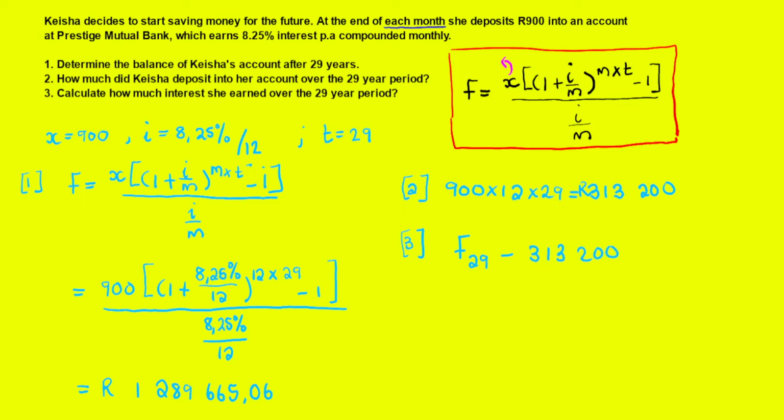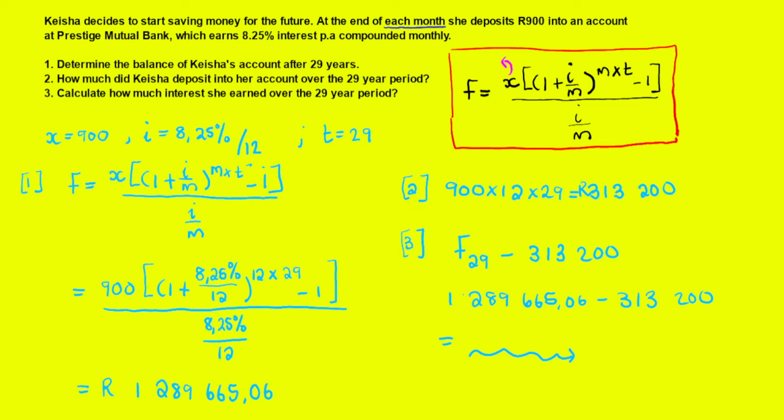So how much money did she actually earn? Well, you'll say 1,289,665 rand, 06 minus 313,200 rand. That would give you the answer. Use your calculator to find it.